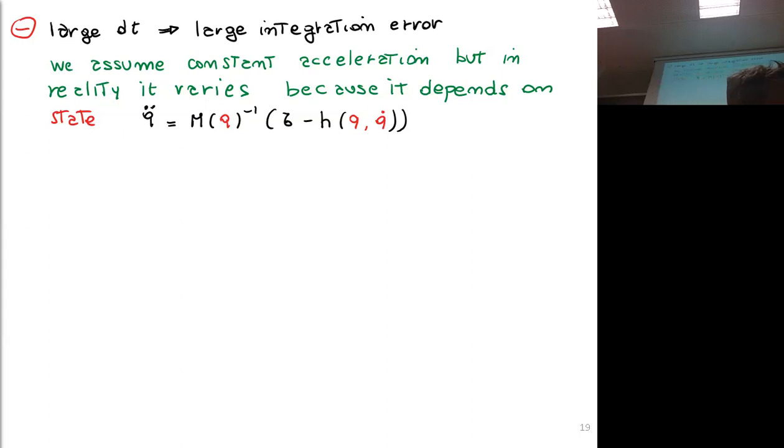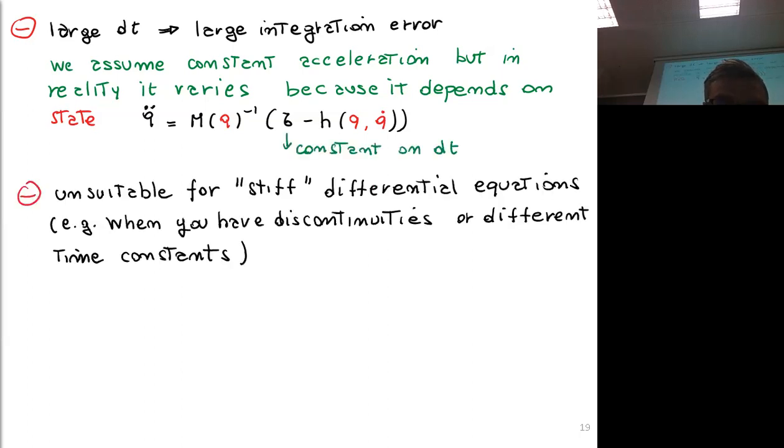However, this approach doesn't work for stiff differential equations. For example, when you have discontinuities, you remember the Coulomb friction, or you have different time constants. You remember the electrical motor with the fast electrical dynamics and the slow mechanical dynamics.